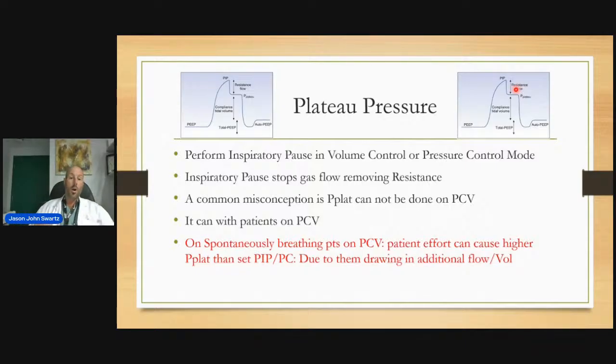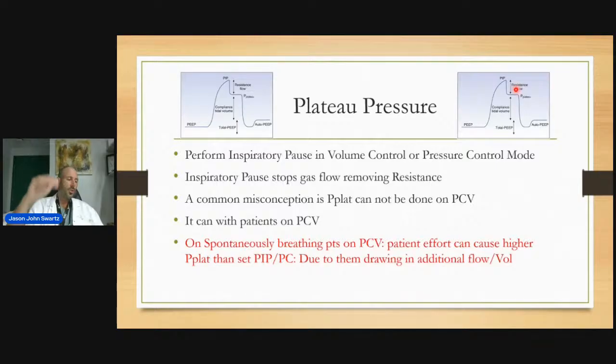A common misconception is that plateaus cannot be done on pressure control mode. Yes, they can be done. Now, obviously, the flow on pressure control is decelerating. You're going to have a lot less resistance created by the higher flows than the constant flows that we see on AC/VC.